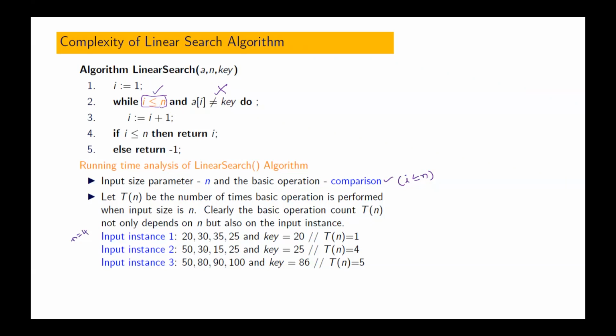Next, 50, 30, 15, 25, key equals 25. How many times is i less than or equal to n performed?